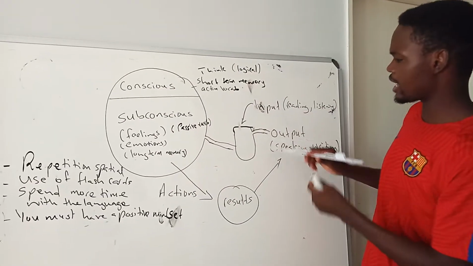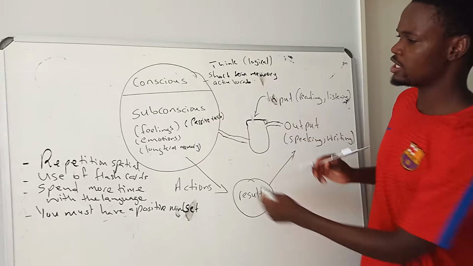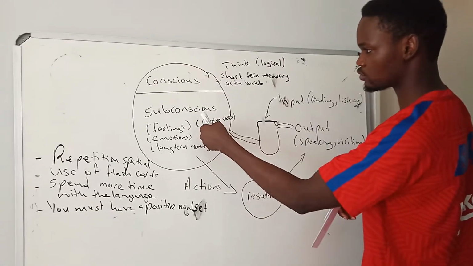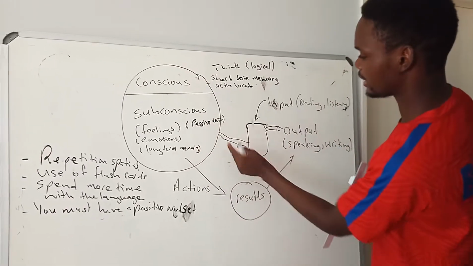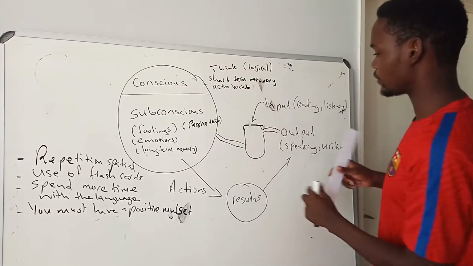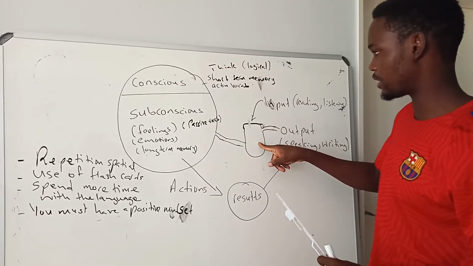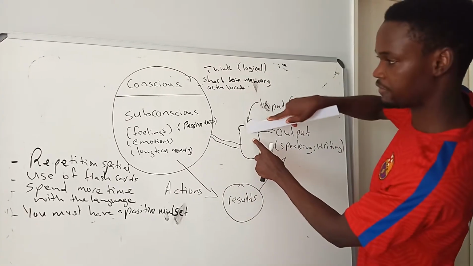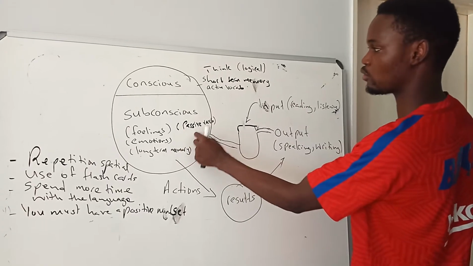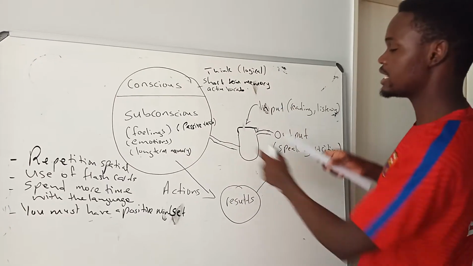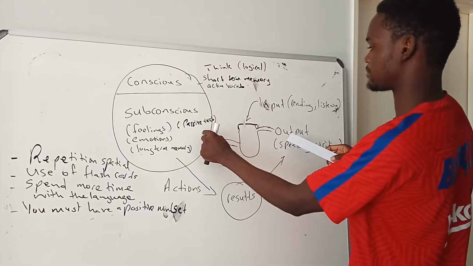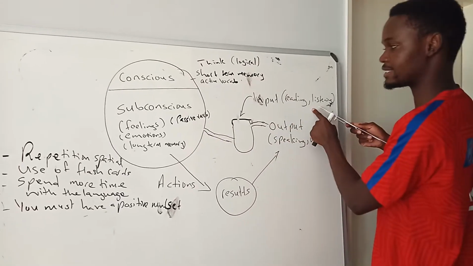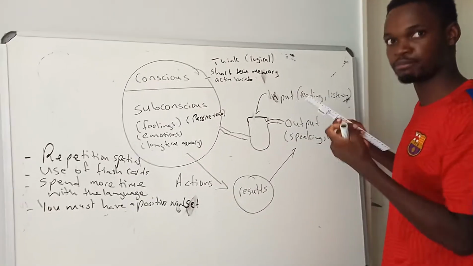So here I've drawn something. Everything that you learn comes to the subconscious mind, and then here it's a channel of sorts. For you to be able to speak a language, we said you need input first. The input is coming from the subconscious mind. So you read and listen. Reading and listening are part of the input.